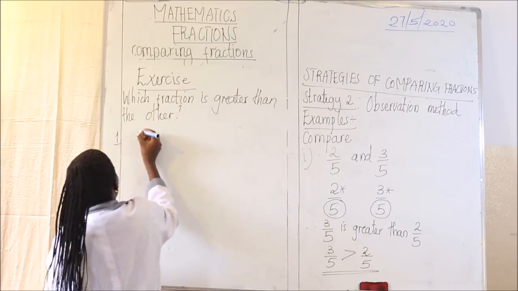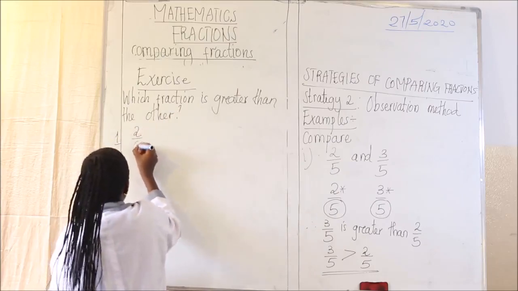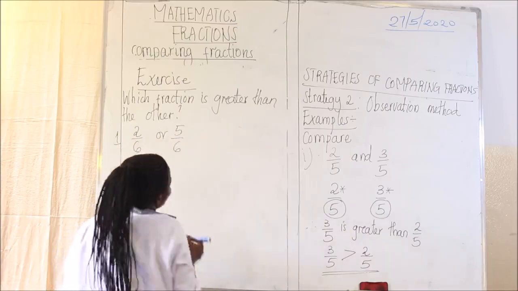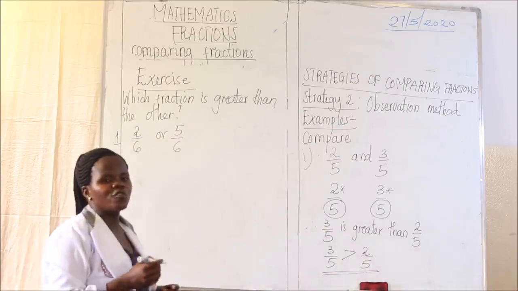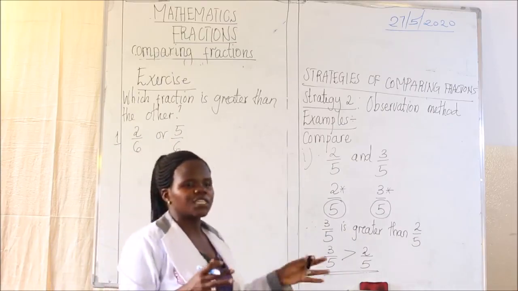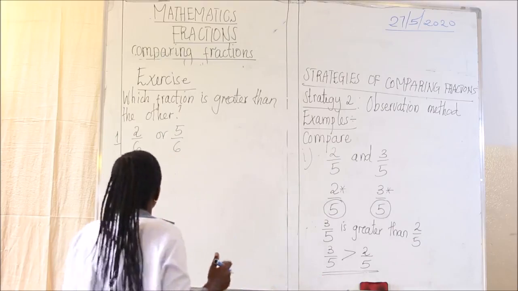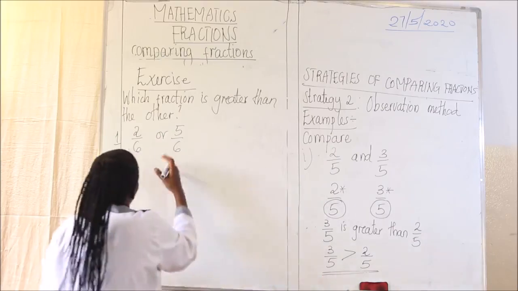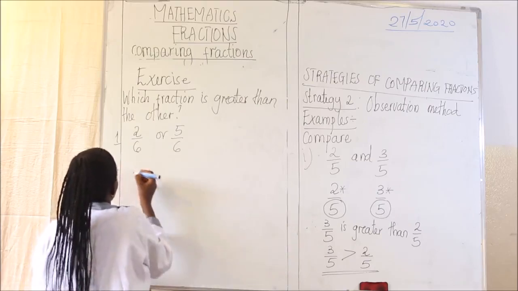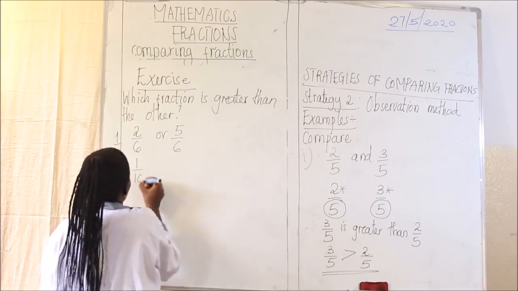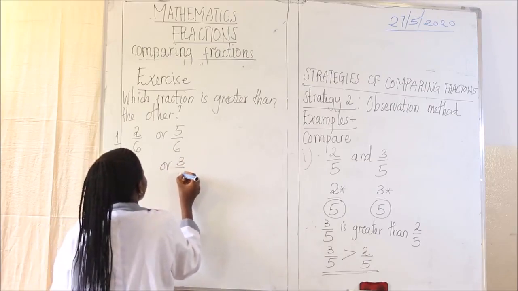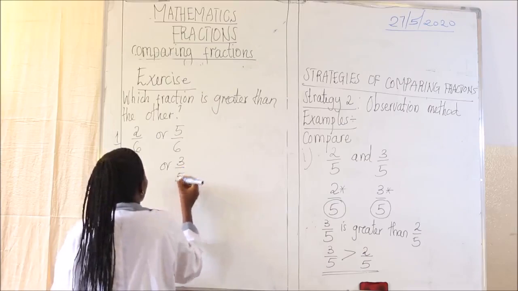Question number 1, 2 over 6 or 5 over 6. You shall use any method, either the method of drawing, the method of models, or the method of observing, where you are checking the denominators, they are the same. Then the second question, 1 over 10 or 3 over 5.